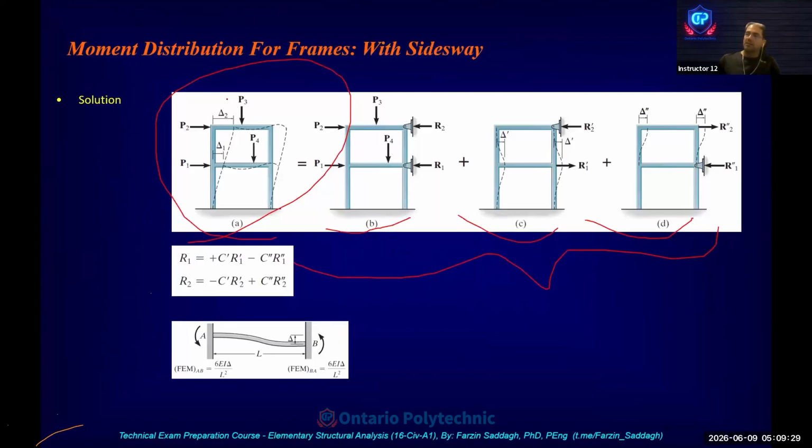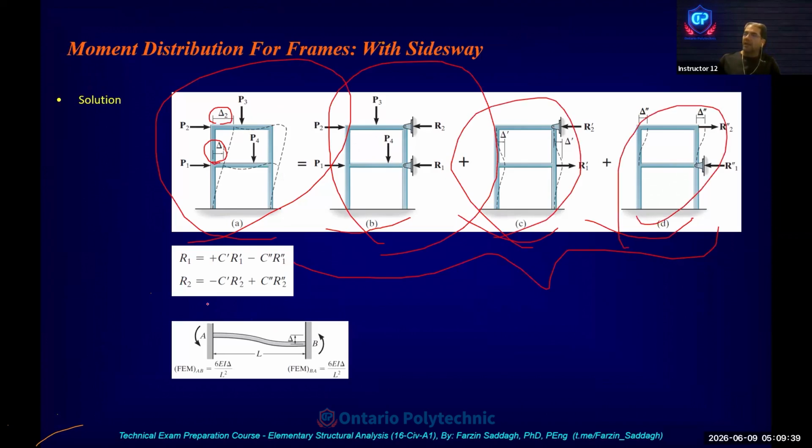What I had here, for example, you see, we have sway here and sway here. We have to solve the structure 3 times, and then we have to make this system of equations.